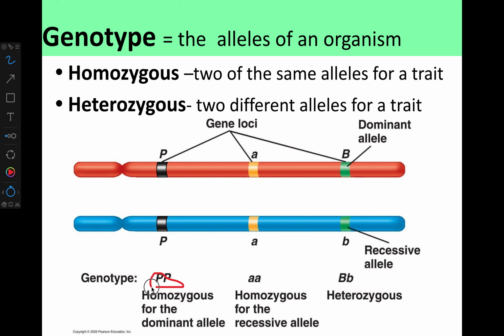They're both dominant, they're both uppercase. Whereas this one is also homozygous because they're the same, but they are lowercase, so they're recessive. And this one is heterozygous, hetero meaning different, so one of each. Okay, that was just a quick review.